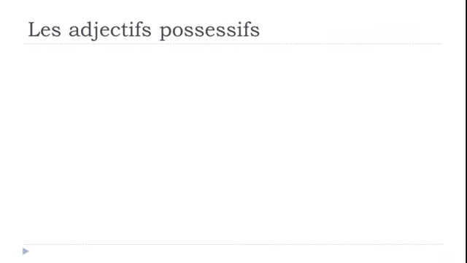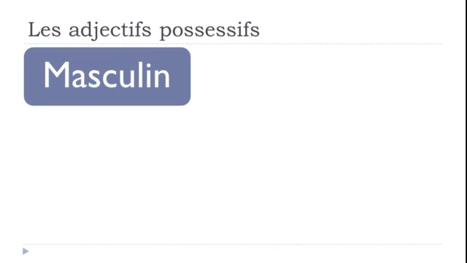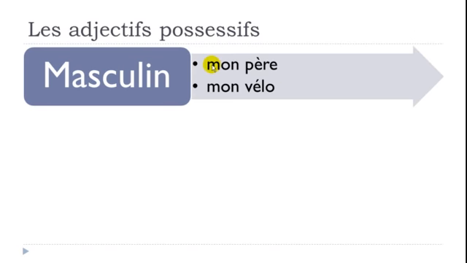Okay, so let's see a few examples now. So for the masculine, mon père. Okay, so père means father. Father is masculine, and so you will put mon père. So you will put here the masculine adjectif possessif, my father, just because father is masculine.